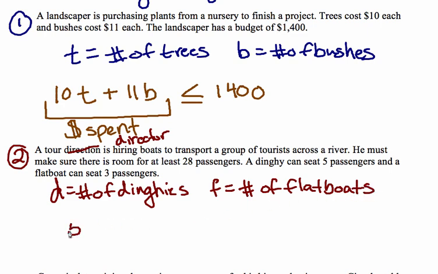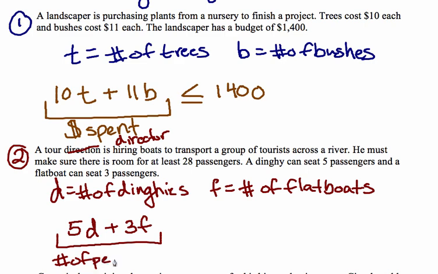So there are 5 people on each dinghy. So if I was going to use 2 dinghies, that would be 5 times 2, 10 people could fit on those 2 dinghies. Plus, we can fit 3 people on each flatboat. So if I were to have 6 flatboats, 3 people on each, I could have 18 people on flatboats. Now this is the number of people traveling on the boats.